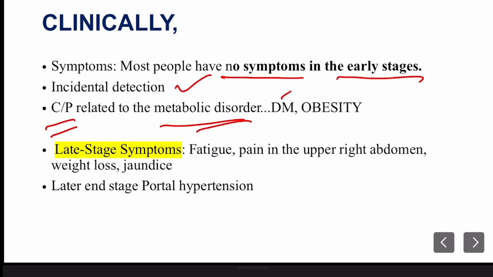The patient can have diabetes mellitus, can have obesity, maybe on antihypertensive treatment, or maybe on anti-hyperlipidemic drugs. However, in the late stages, some symptoms may be seen like fatigue, pain in the upper right abdomen, weight loss, jaundice, and in the end stages, when the patient develops fibrosis and ultimately cirrhosis, the patient can have portal hypertension and other signs of hepatic failure.